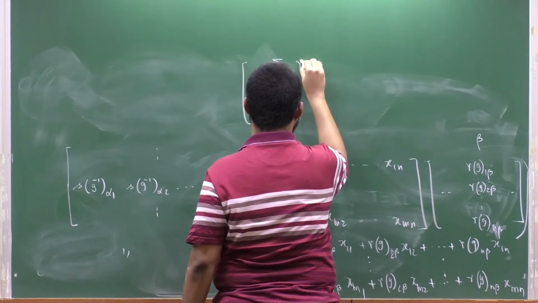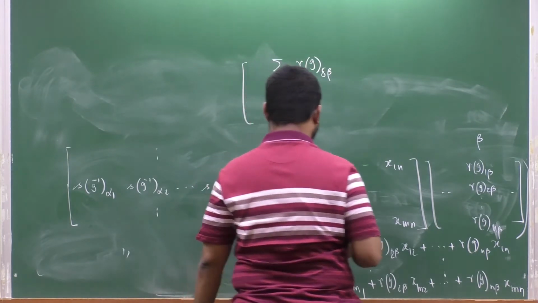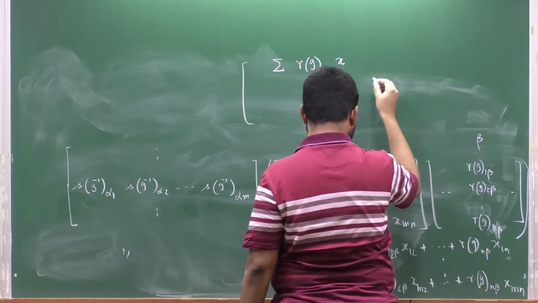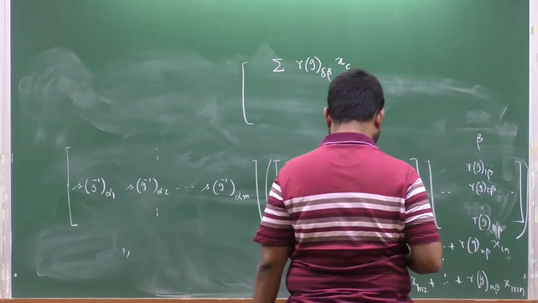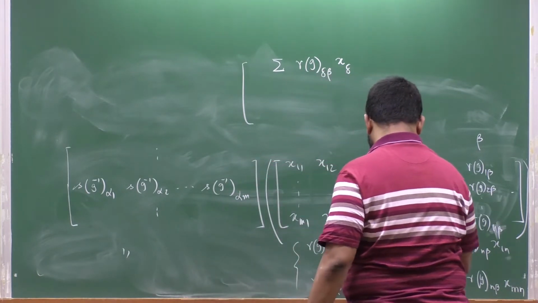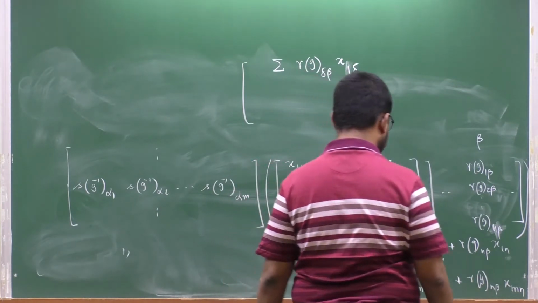So should I write like this, Rg delta beta x 1 delta? Maybe that is correct.